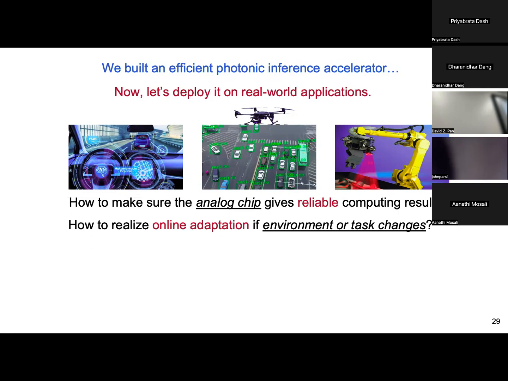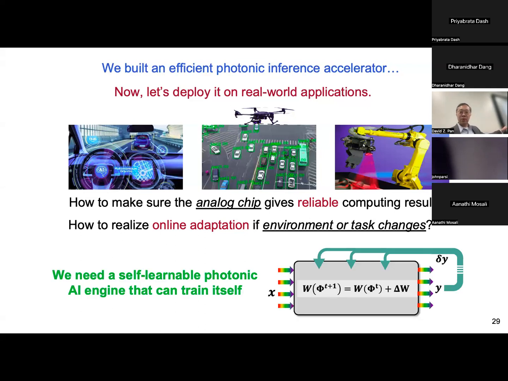So one idea is that you build a machine learning model and deploy it based on whatever previous characterization, right? But when you run it on a real chip, there are changes in properties. So originally maybe you were 95% accurate, but now, boom, you deploy and it drops to about 90%. What we are trying to do here, with my student, is a self-learnable photonic AI engine that can train itself and do on-chip adaptivity, right?